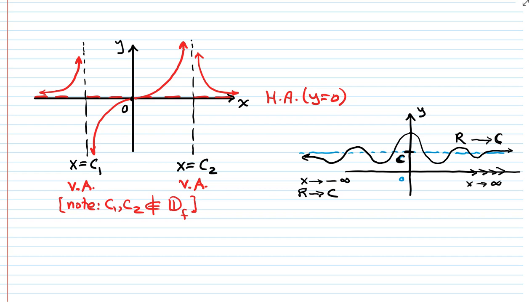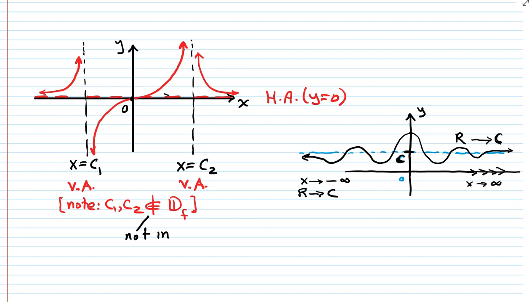Remember, vertical asymptotes can never be touched nor crossed, because at that point, if it did, it means we can divide by 0, and we know that's impossible. All right, and I have a note here for you that indeed C1 and C2 are not in the domain. They're not an element of the domain. And that's what you have.